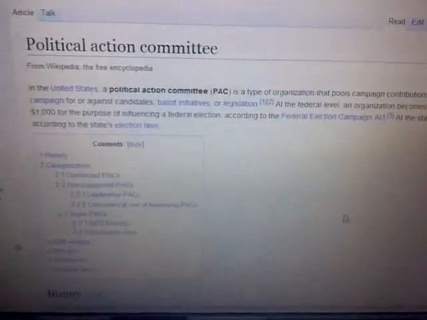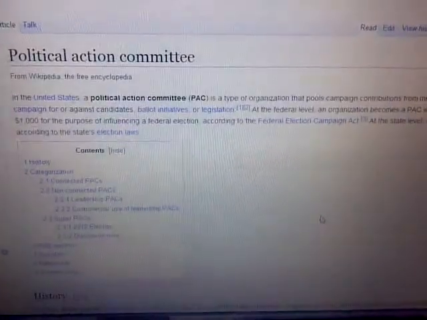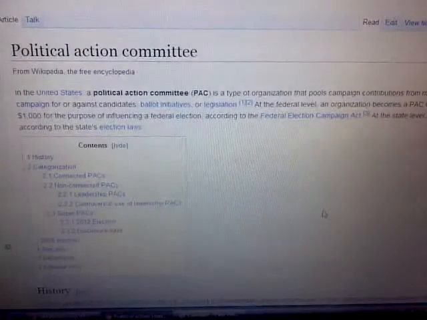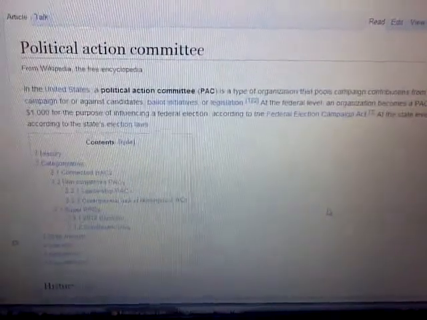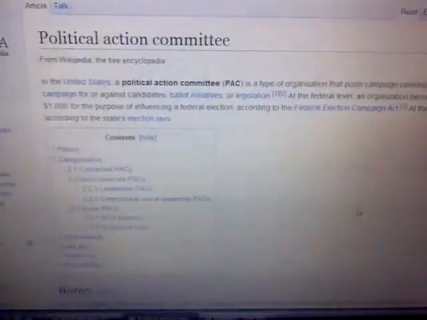I'm really considering making some kind of Bitcoin super PAC, in which the members, either through donations or through investing, can, let me see, how do they say?